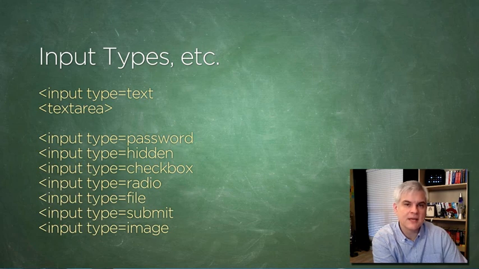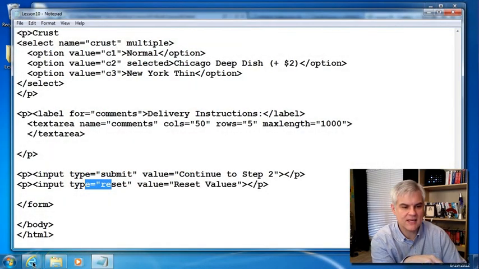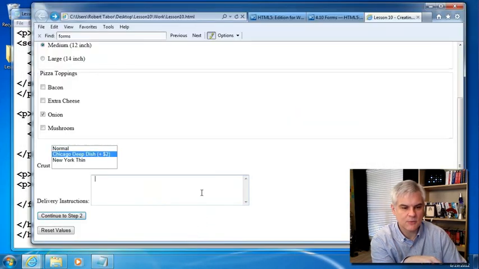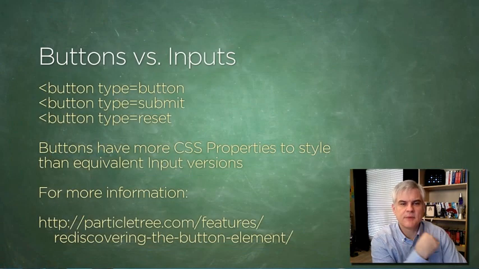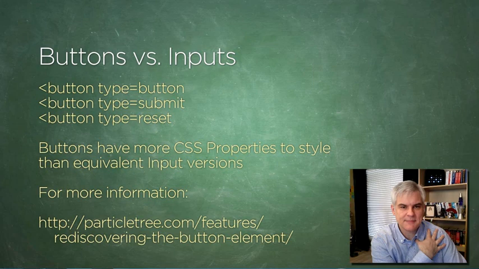There's an image for an image button, so you can use an image instead of the Battleship Gray style buttons like we've used here in our example. And then there's also just a type equals button. And then there are different types of buttons. There's the button type equals button, type equals submit, and type equals reset.